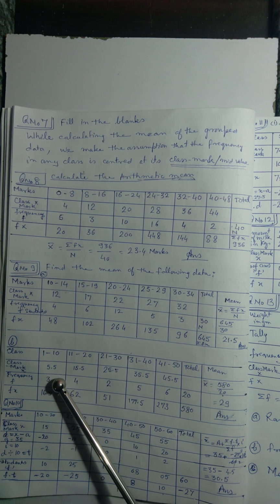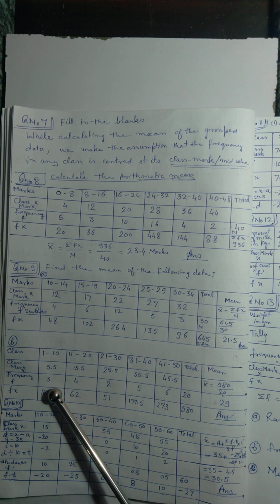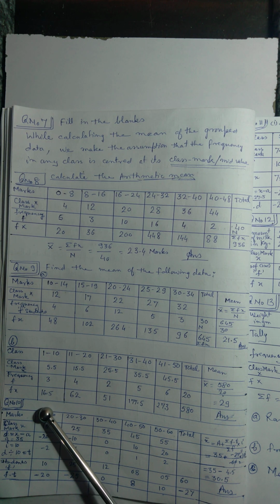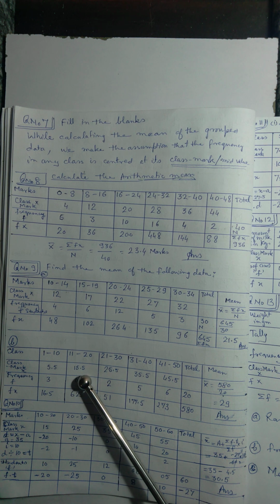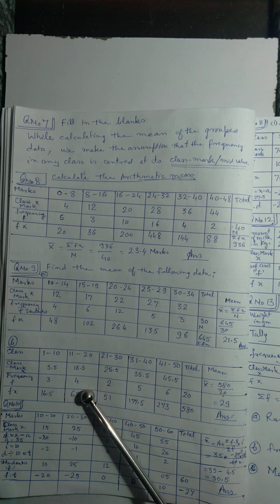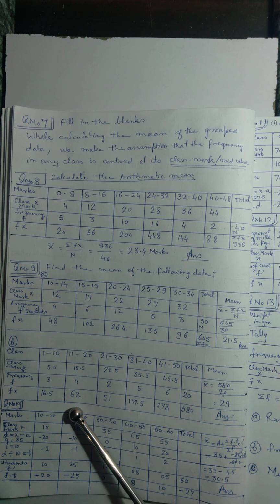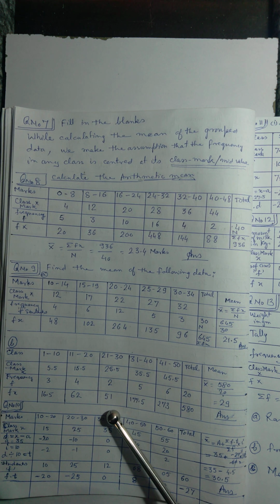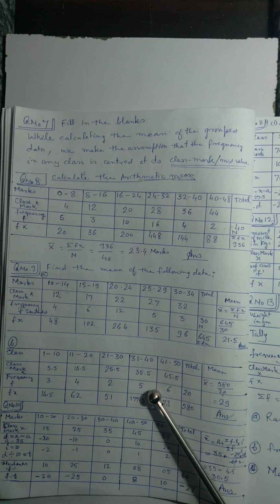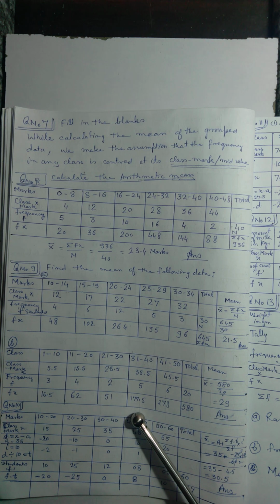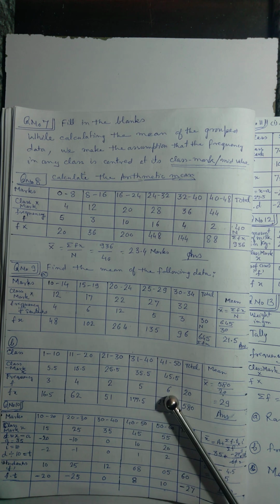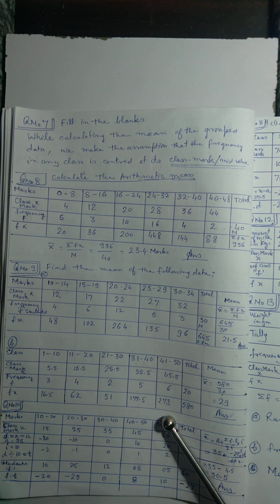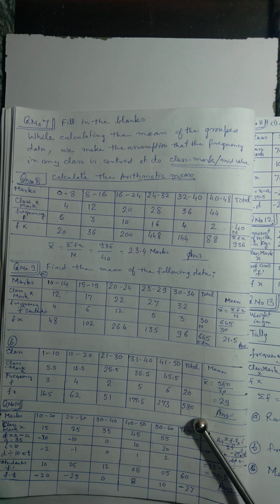Now the class mark will be multiplied with the corresponding frequency. So 5.5 multiplied by 3, that will be equal to 16.5. 15.5 into 4, you will get 62. 25.5 multiplied by 2, you will get 51. 35.5 into 5, you will get 177.5. 45.5 multiplied by 6, 273.